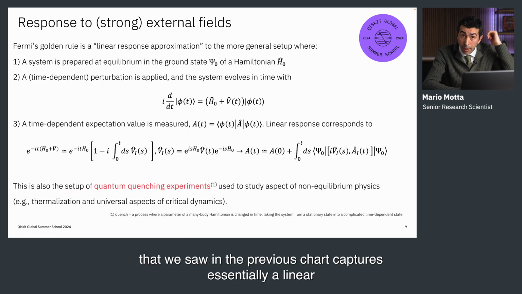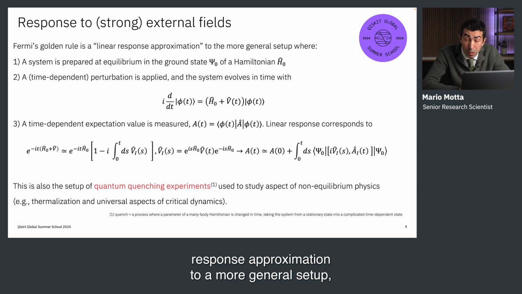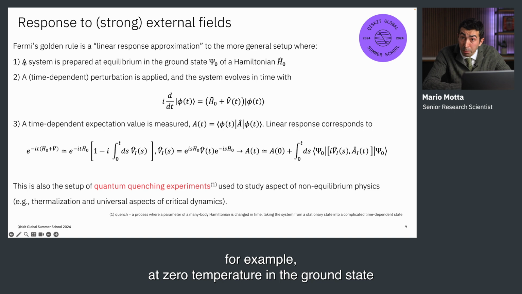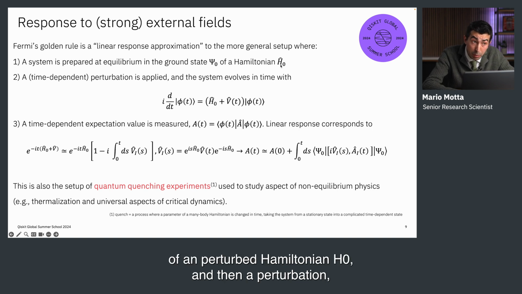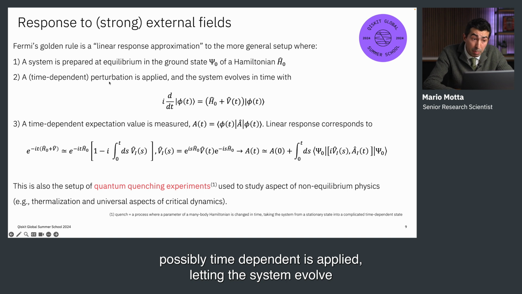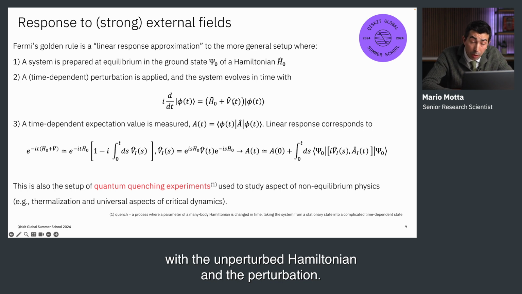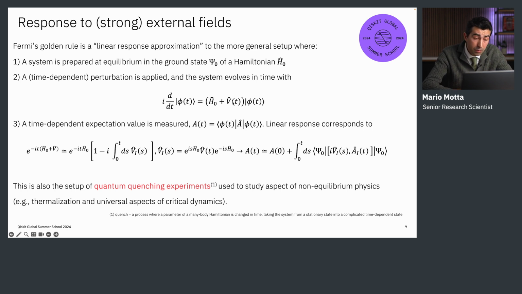Fermi's golden rule that we saw in the previous chart captures essentially a linear response approximation to a more general setup where a system is prepared at equilibrium, for example at zero temperature in the ground state of an unperturbed Hamiltonian H0, and then a perturbation, possibly time-dependent, is applied, letting the system evolve according to a time-dependent Schrödinger equation with the unperturbed Hamiltonian and the perturbation.